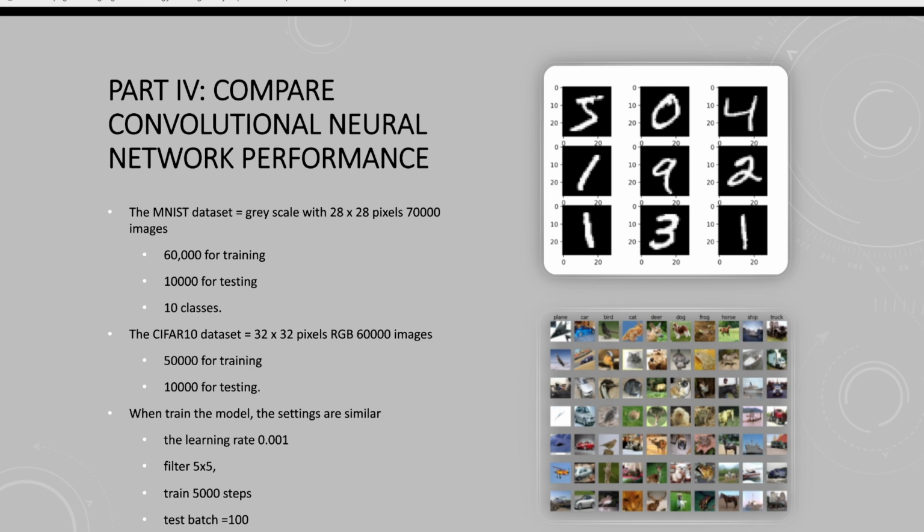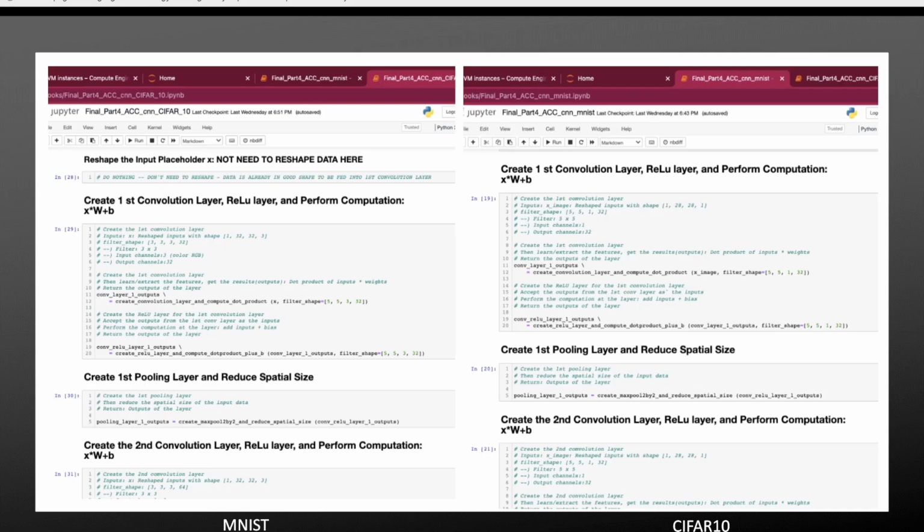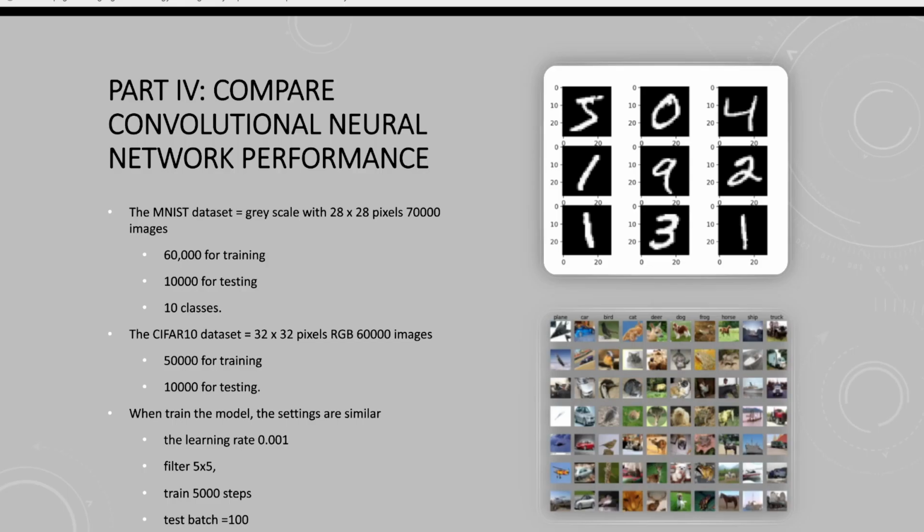When we train the model, the settings are similar, such as the learning rate of 0.001 and the filter is 5 times 5, and we train the model with 5,000 steps and set the test batch to 100.